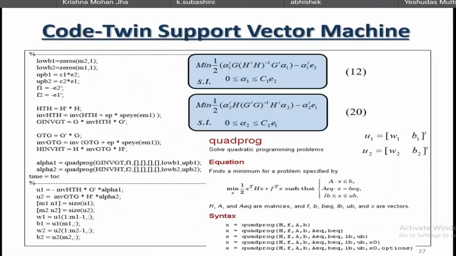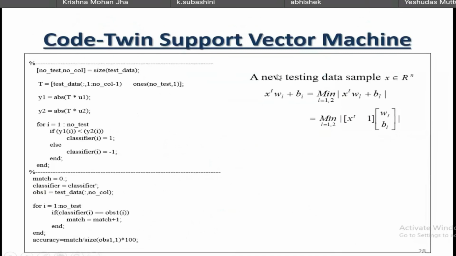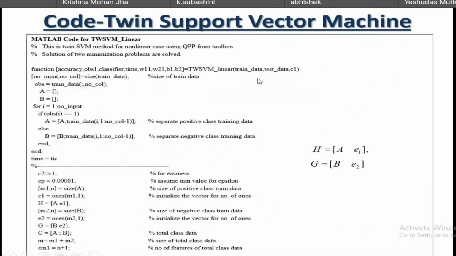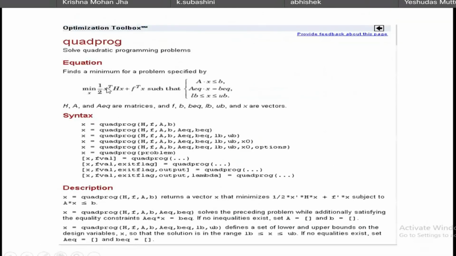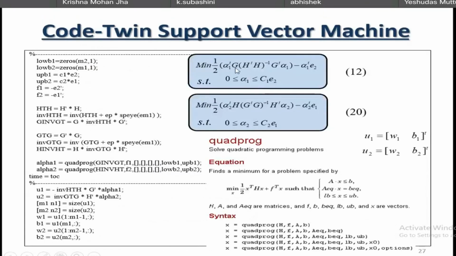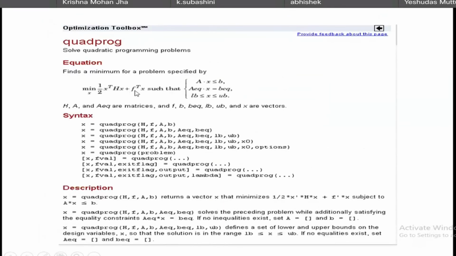If you notice, alpha 1 transpose is nothing but your x transpose, and this is your h, and again this is alpha. So capital H is nothing but G H transpose H inverse G transpose, plus f transpose x.